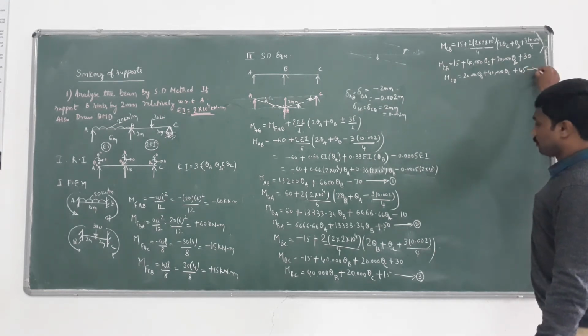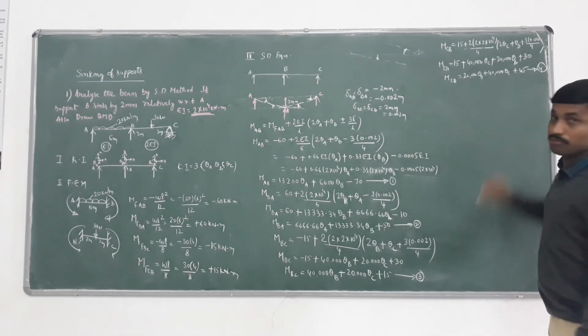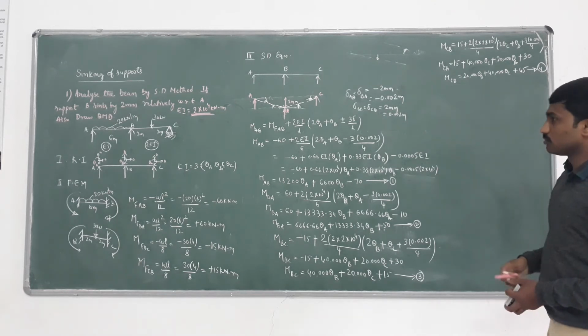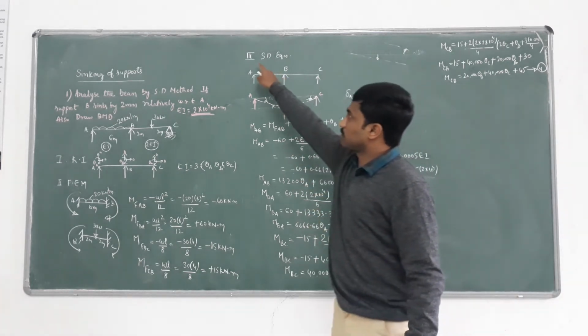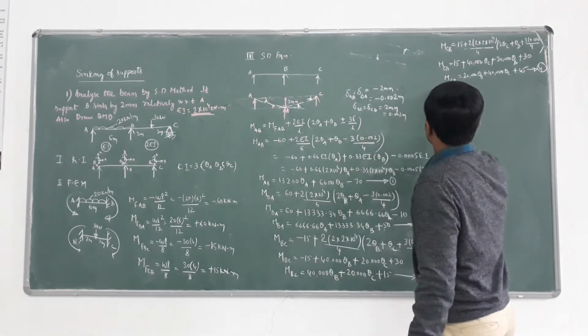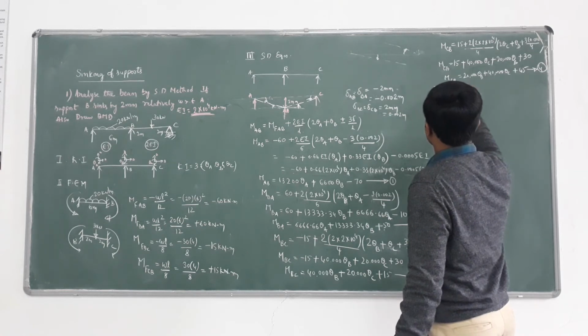This will be equation number 4. Now, next step. This is the third step, the slope deflection equation. Next, the fourth step is the joint equilibrium condition.